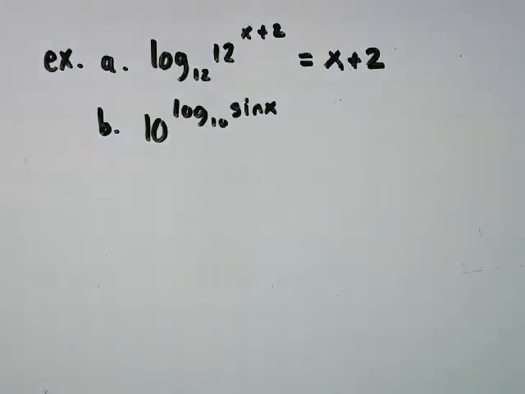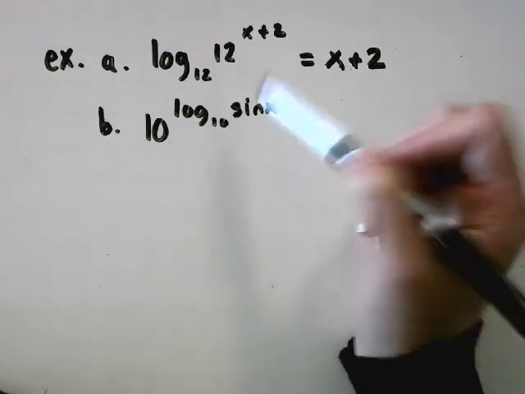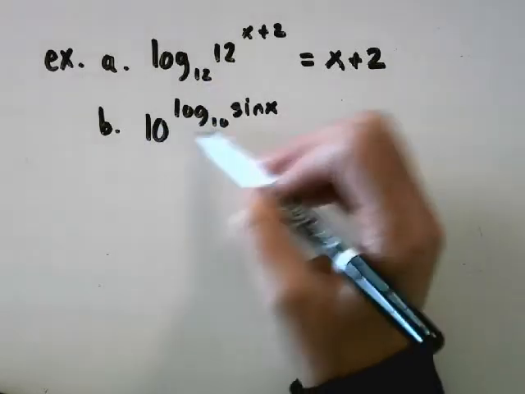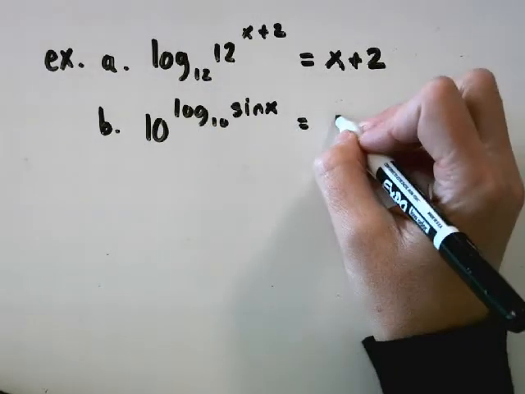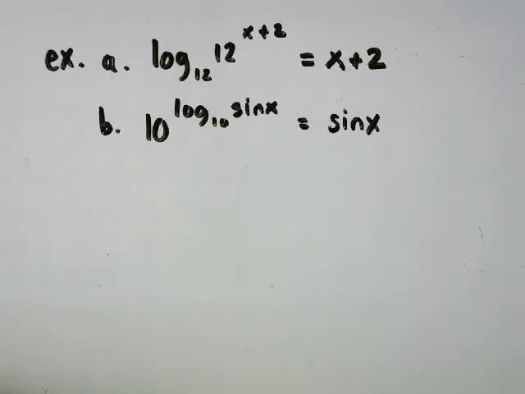Okay, here I've got 10 raised to the log base 10 of sine x. So again, the power of 10 and the log of 10 cancel. So this just leaves me with sine of x. And this is a strategy that we will use when we get to solving equations.